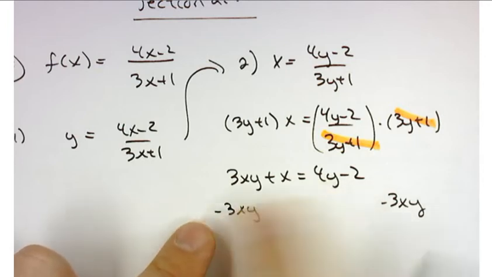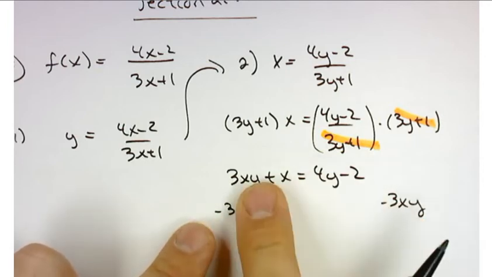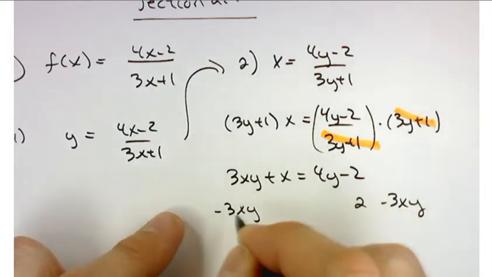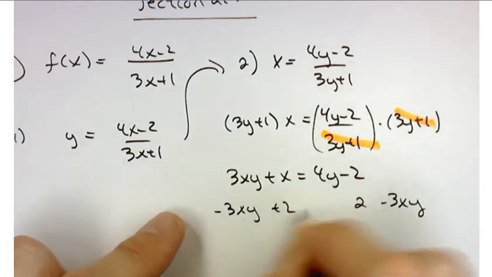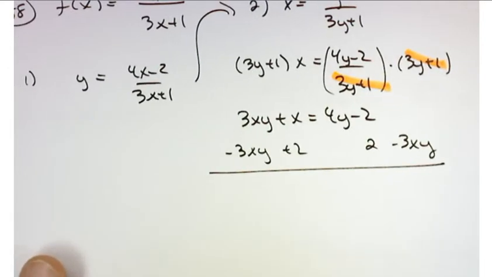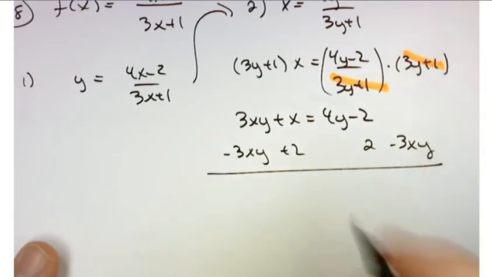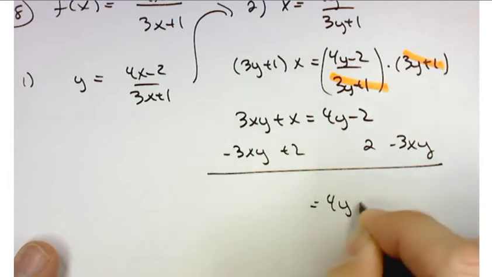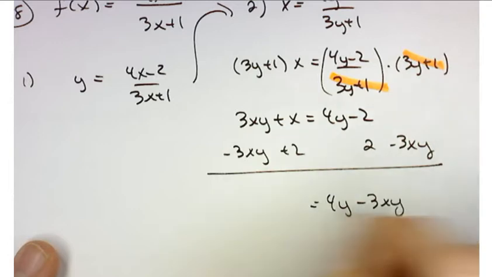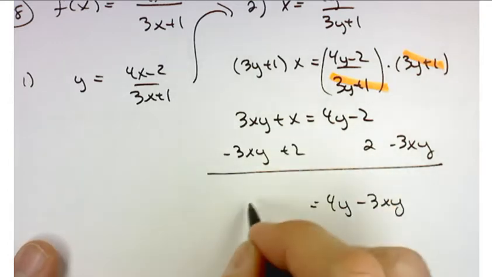That'll put the y terms over here. And I want to get rid of everything else, put it on the left-hand side. So I'll add 2 to both sides. Let's see what I get there. Well, on the right-hand side, I get 4y minus 3xy. On the left-hand side, I'll just have x plus 2.